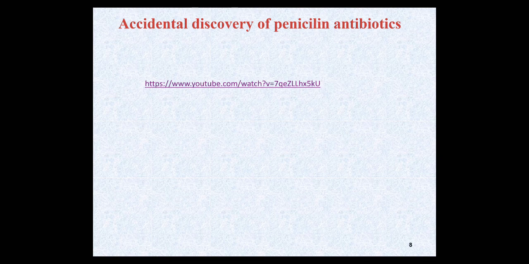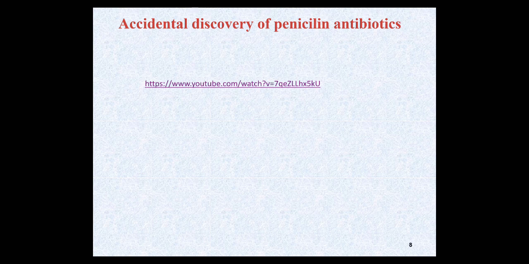So after that he isolated that specific mold which had the zone of inhibition, and the surrounding area of that mold also didn't contain any kind of bacteria or any kind of virus.